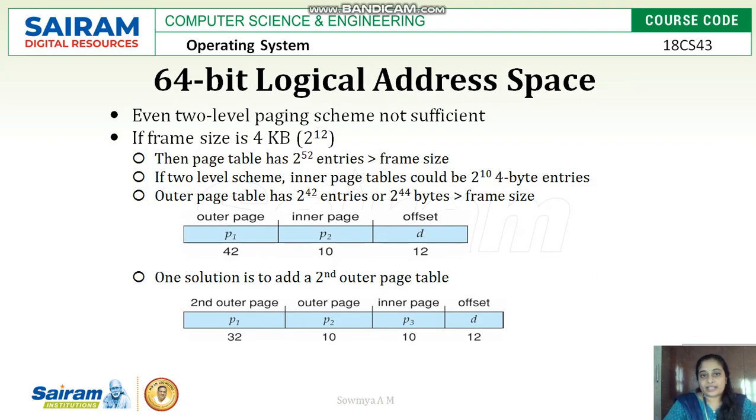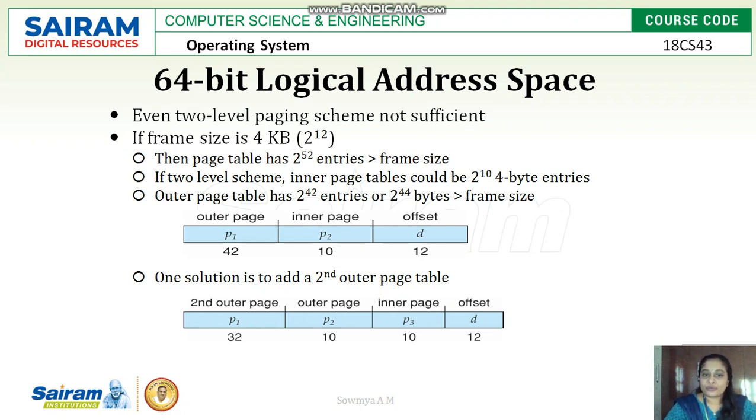A 64-bit logical address space can also work in this way. Even a 2-level paging scheme is not sufficient, so you can increase the level of hierarchy. Since you have 64 bits, if you go with a two-level hierarchy, then the outer page will be 42 bits, the inner page 10 and the offset is 12.